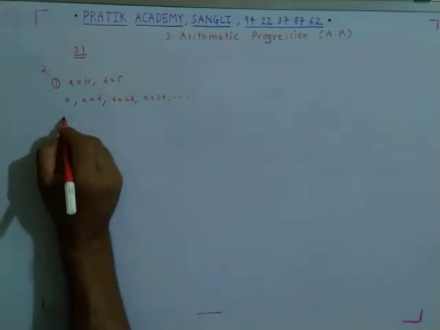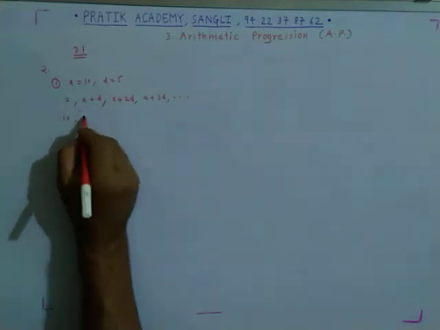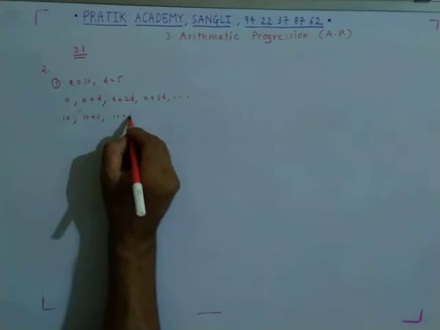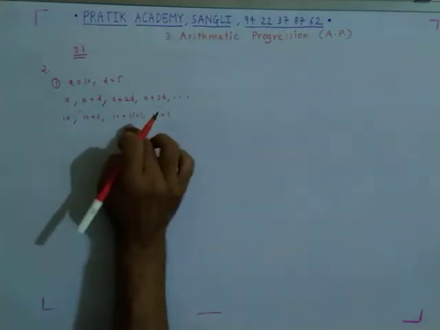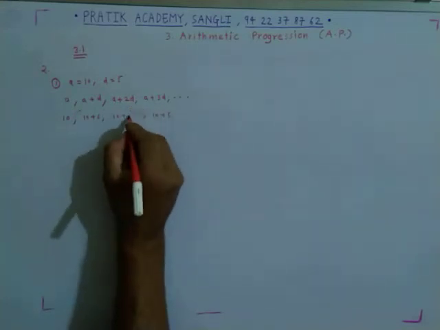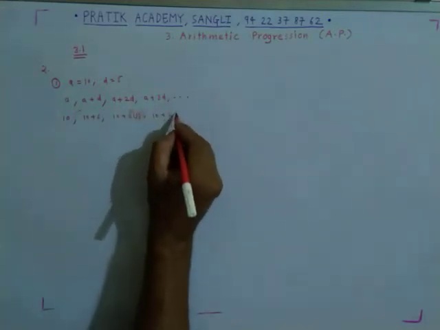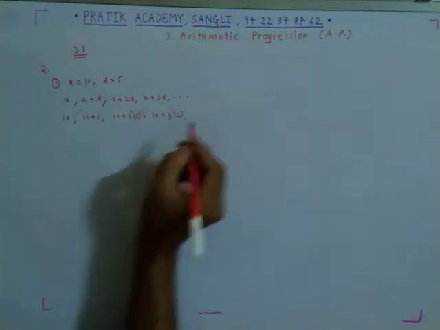So put values. A is 10, then 10 plus 5, then 10 plus 2 times 5, 10 plus 3 times 5, like that.